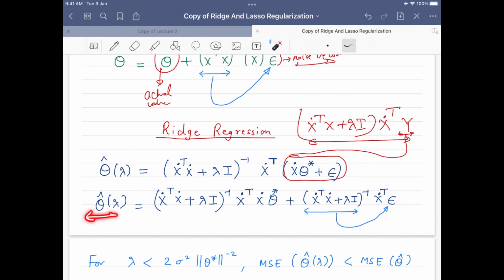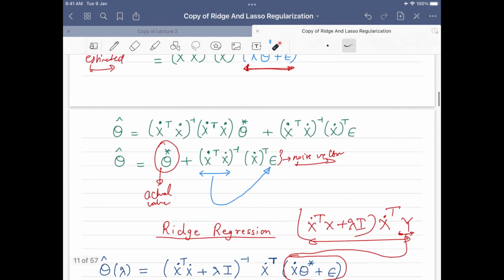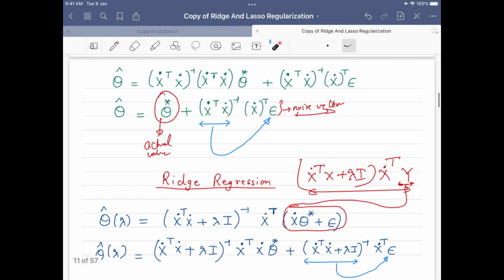So here your theta estimate is a function of lambda. As you change lambda, your theta estimate will change, and it will be close to theta star, but will not be exactly equal to theta star. And the problem of inversion that you had in the earlier case will also go away.